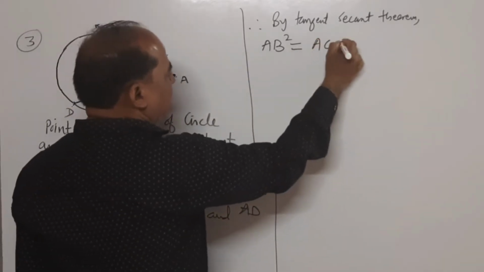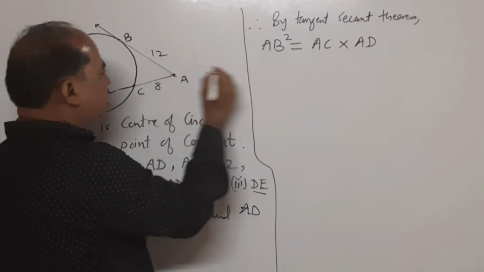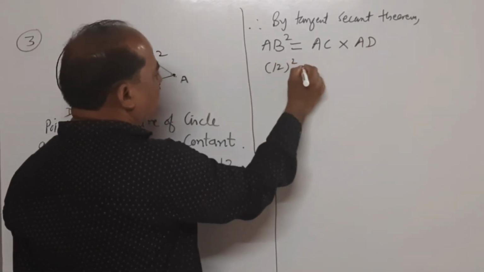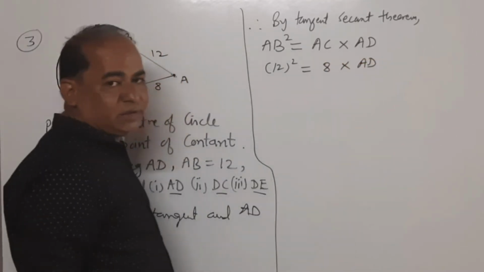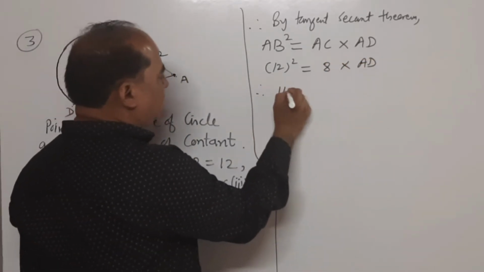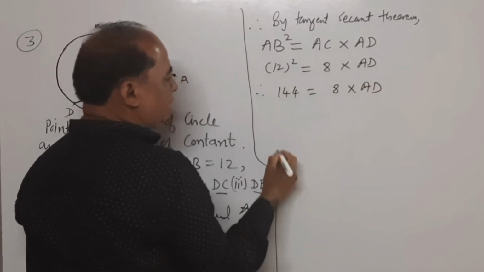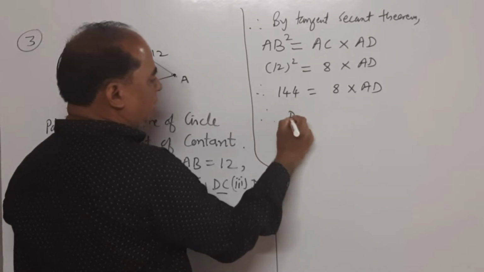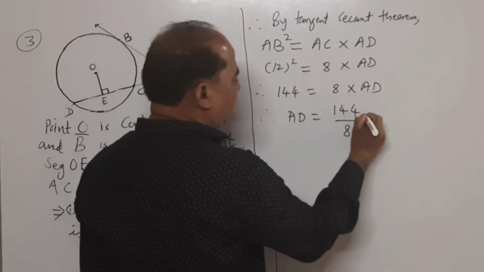That is AC into AD. Now AB is given as 12. 12 square is equal to AC, which is 8, into AD. So the square of 12, that is 144, is equal to 8 into AD. Therefore, AD is equal to 144 divided by 8.